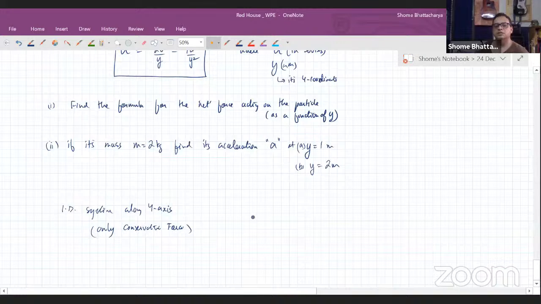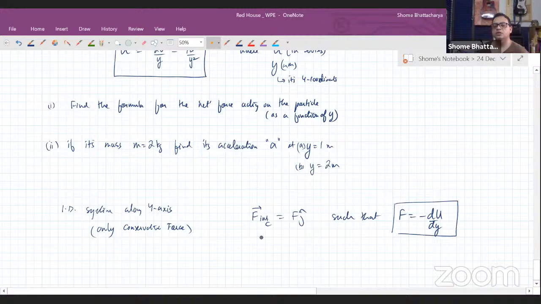So the internal conservative force for the system we can take as F j cap, such that F is minus dU by dy. And because there is no external and non-conservative force, the net force acting on the body is nothing but the internal conservative force.